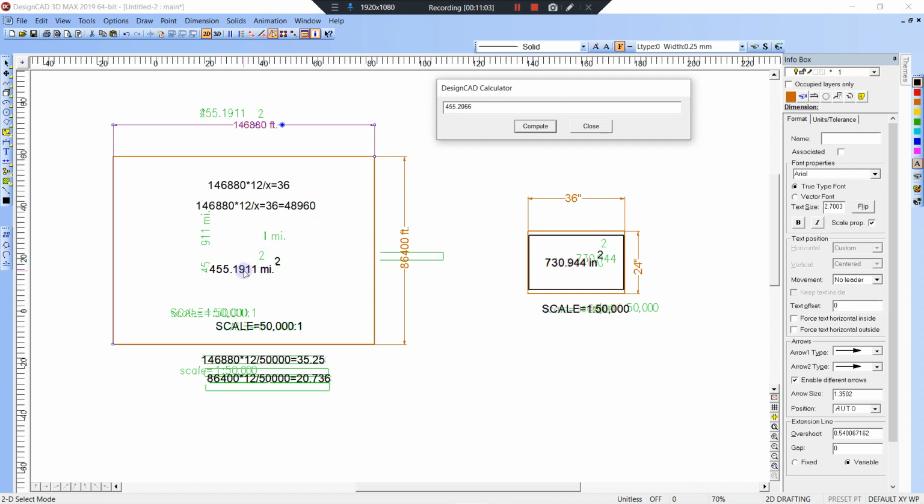Yeah, we're starting to get a little decimal place there, but that's how you do that. So that's showing you that the scale factor 50,000 to 1 at this dimension is actually true.